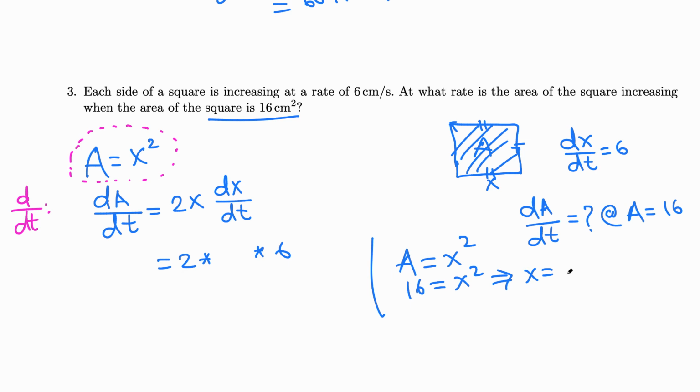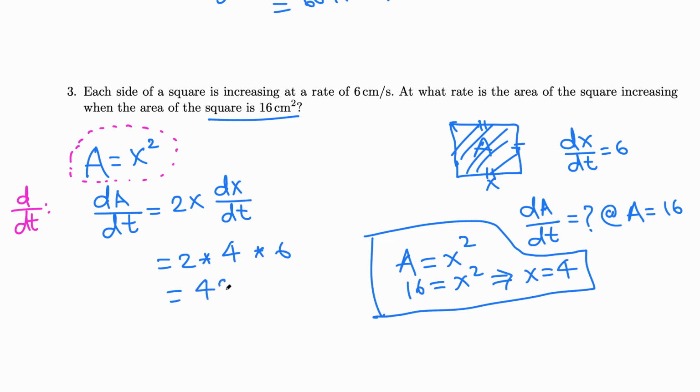Anyway, this is plus or minus 4, but length is always positive, so positive 4. So x is 4, and 2 times 4, 8, times 6 is 48. That's the rate of change of area. The units: this is centimeters, this is centimeters per second, so area means square centimeters per second. Final.